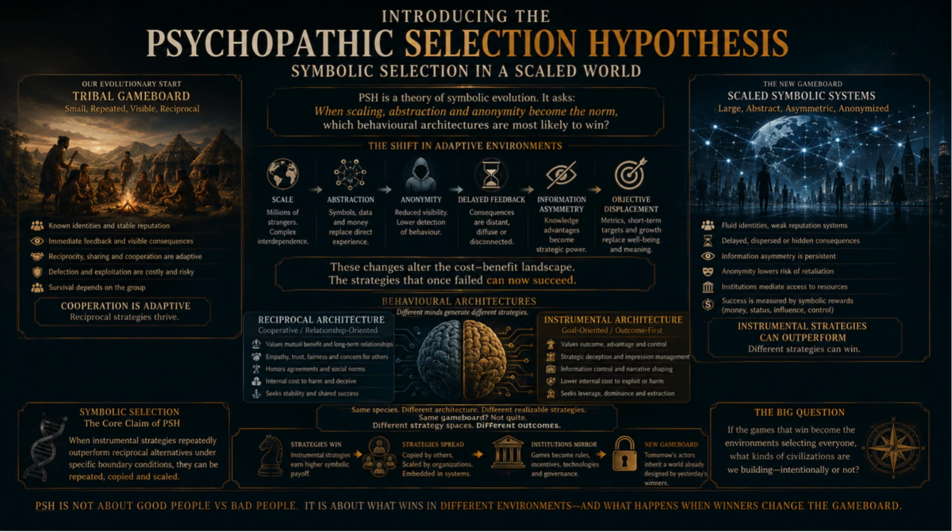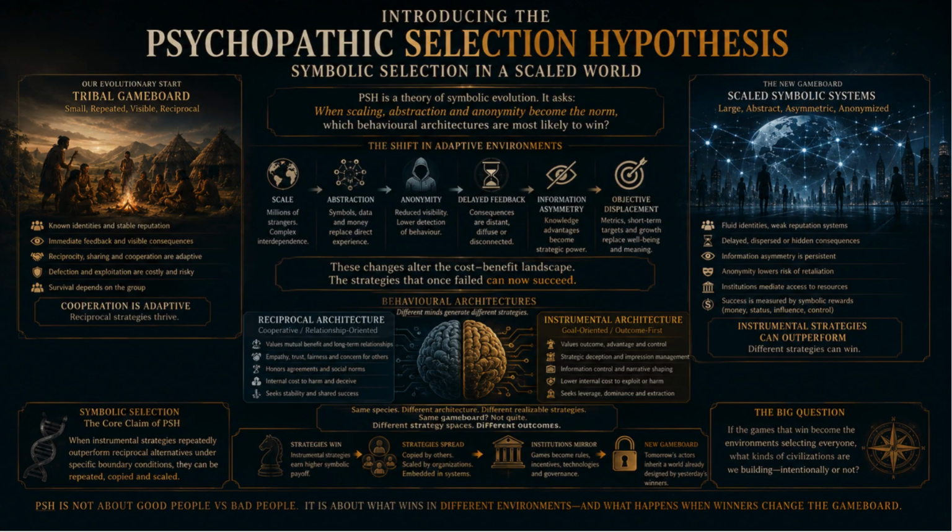And essentially, long story short, that changes the selection environment in my view. Inside scaled symbolic systems, reward and consequence can be separated. I can receive the financial reward here in the institution while somebody else absorbs the human or ecological cost somewhere else, far, far away, and perhaps years later.